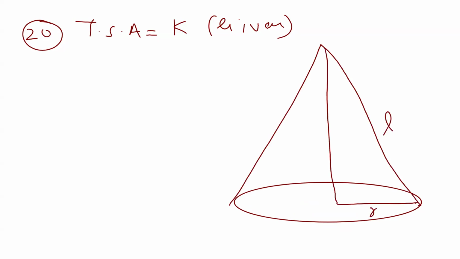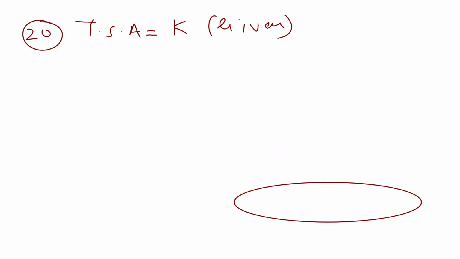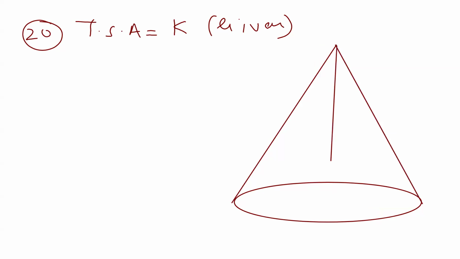This is R, this is L, and this is H. Draw a cone. And then R and H. L is the slant height, H is the altitude, the perpendicular height, and R is the base.